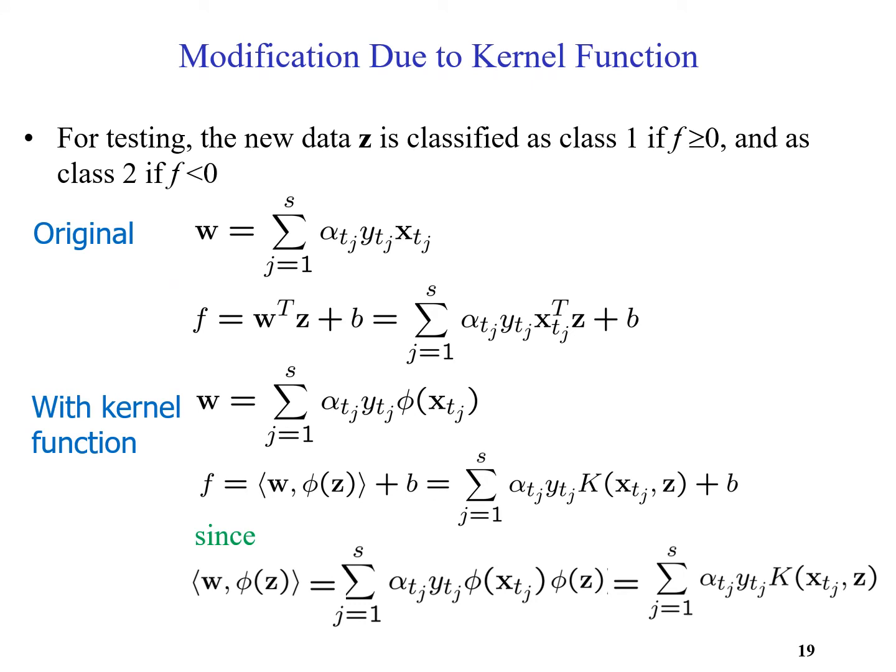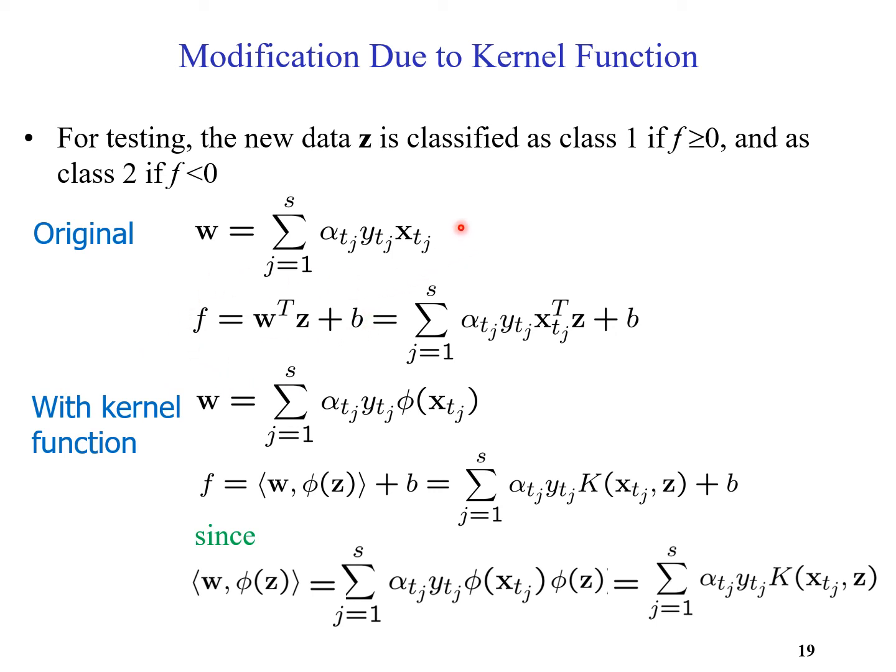By solving the dual problem using the kernel in the previous slide, now we are able to get the values of alpha. By using alpha, now you can calculate the linear classifier of SVM. In the original linear SVM, this is the equation of the line, the linear classifier.